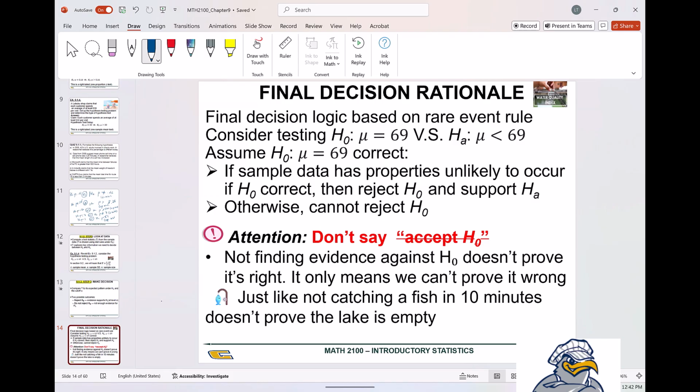It only means that we cannot prove it wrong. For example, you try to catch a fish for 10 minutes, maybe 1 hour, but you cannot catch it. It doesn't prove that the lake is empty.